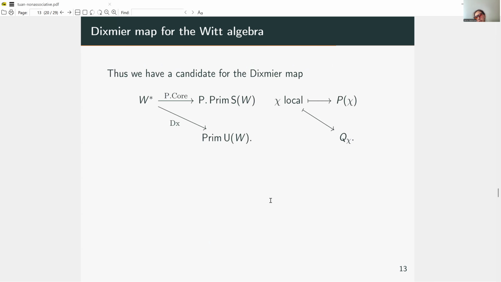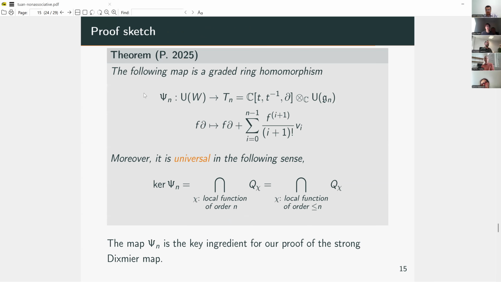I think the main thing is to find such a map psi n, mapping a big infinite dimensional Lie algebra to a much more manageable solvable Lie algebra. Once we can do that and have some understanding of the Poisson side, I think it would work the same way.